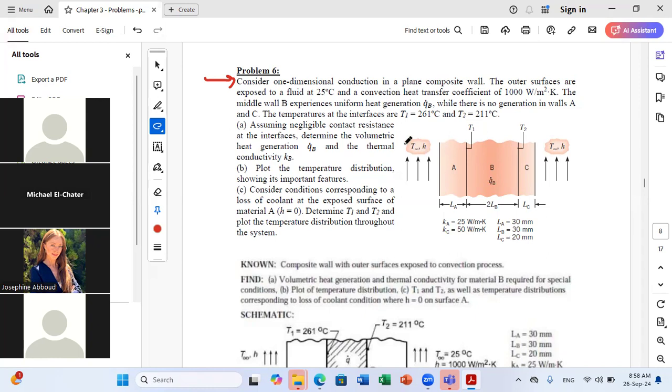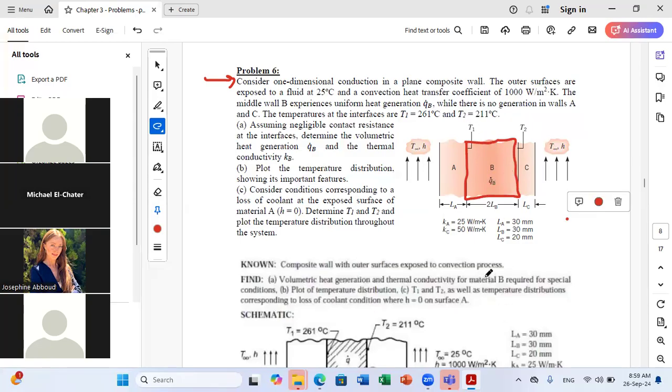The temperatures at the interfaces are T1 equals 261 degrees and T2 equals 211 degrees. We should pay attention that we have generation not in a thin layer, but in a layer with a certain thickness, and therefore we should take care not to include this in the thermal circuit.